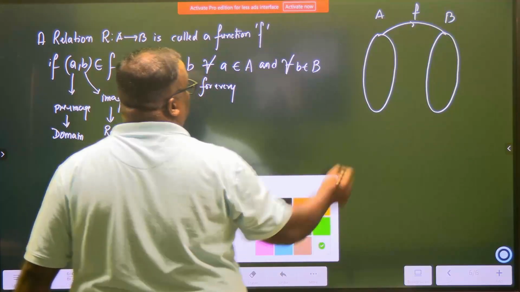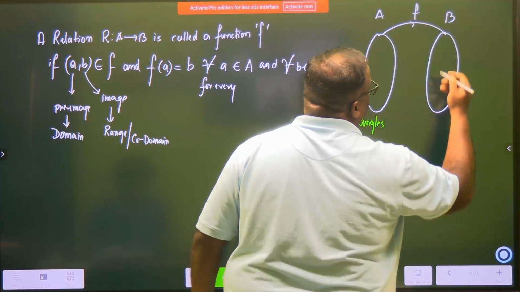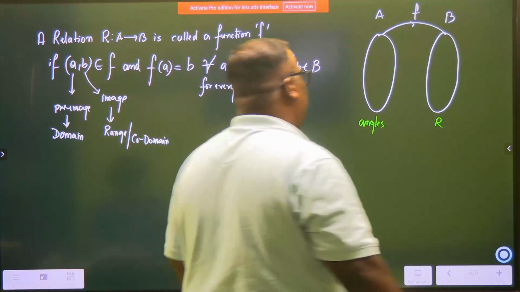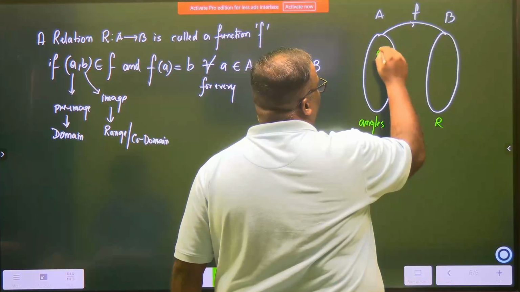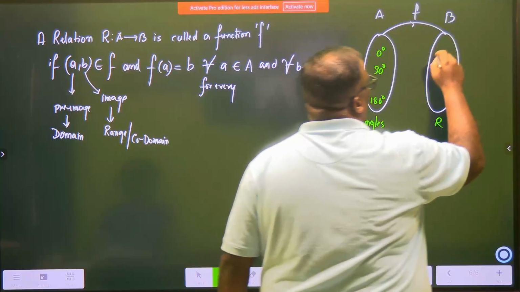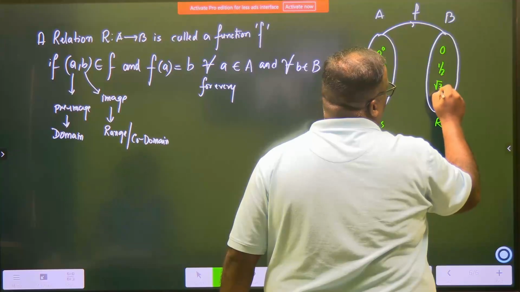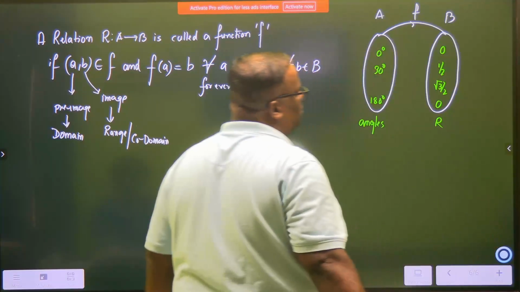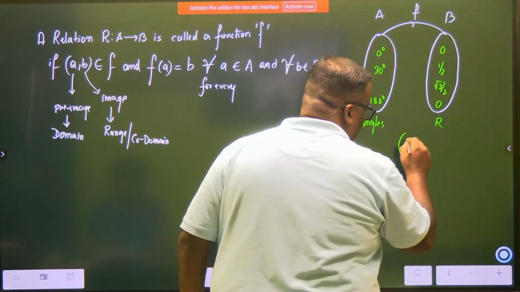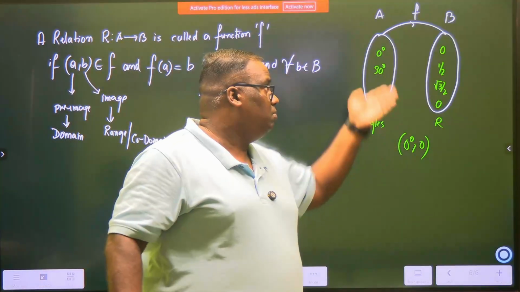Let's say this is my set of angles, and this is the set of real numbers R. I have 0 degree, 30 degree, 180 degree, and values like 0, half, root 3 by 2, 0. I pick up an ordered pair, 0 degree, 0. Then I ask myself, does this belong to this function?